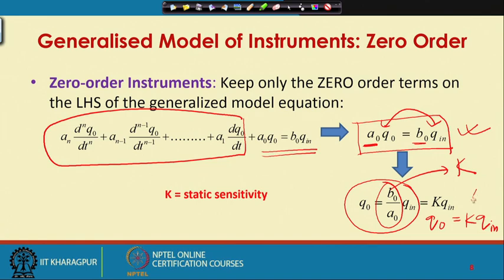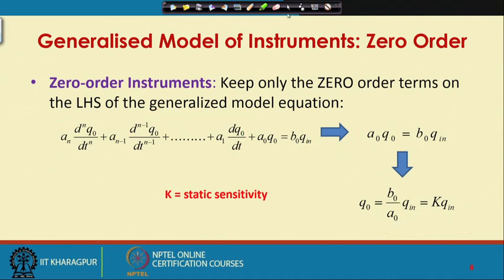This K is output by input, so by our previous definition it represents static sensitivity. So, this equation, which is an algebraic equation, represents a 0 order instrument.